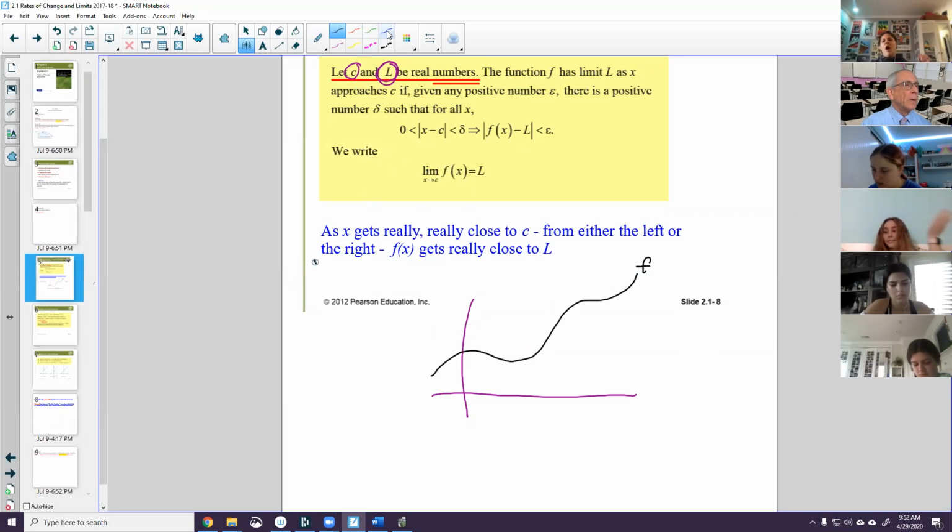And I'm going to identify an x value, c.